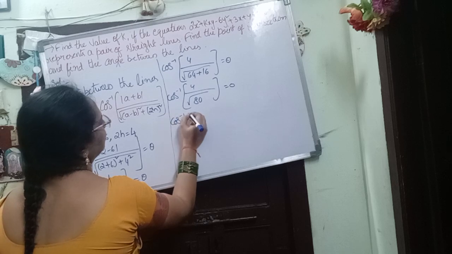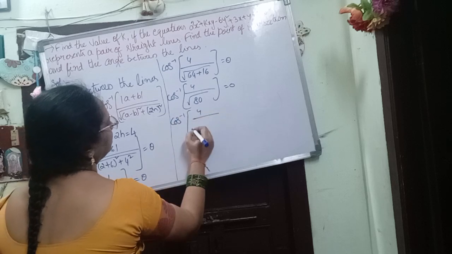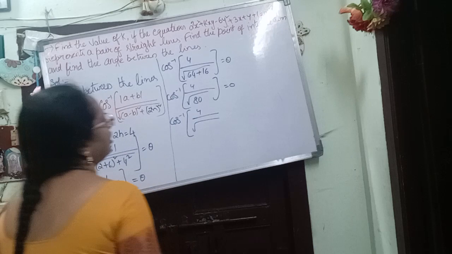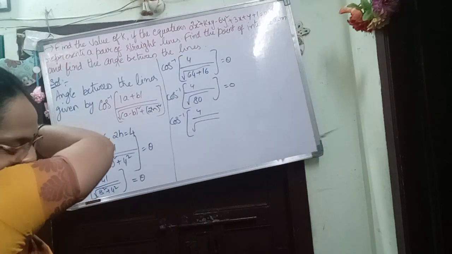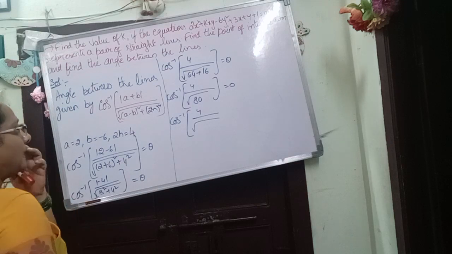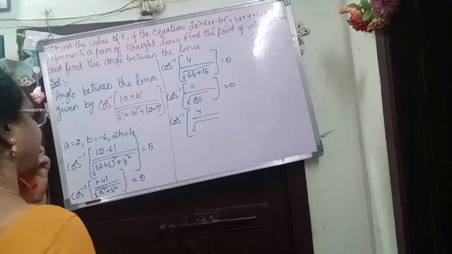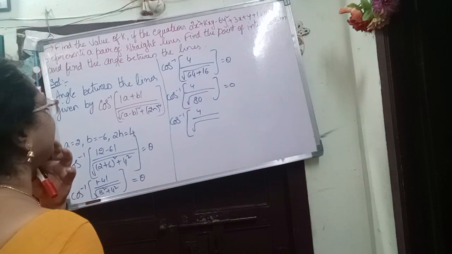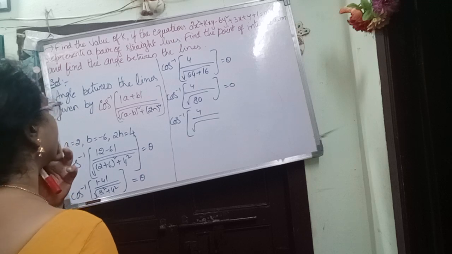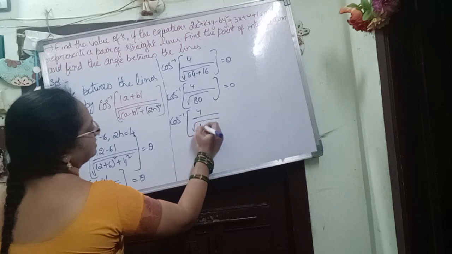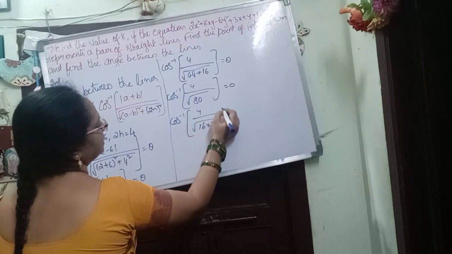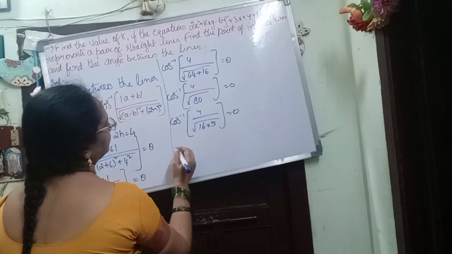Cos inverse 4 by root 80, how much will you get? 16 fives are 80.